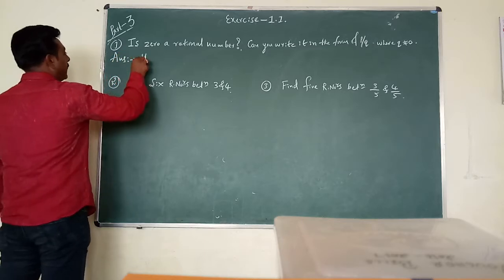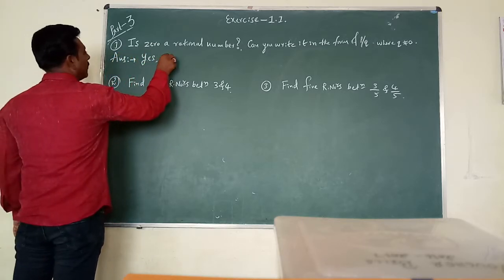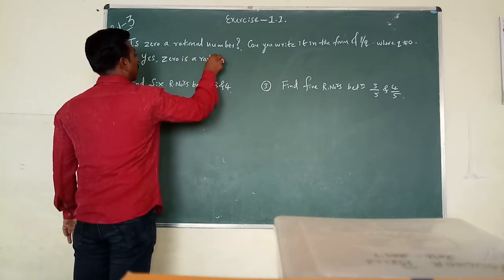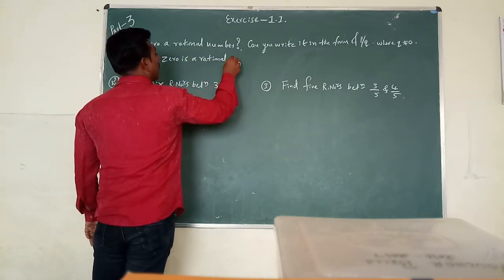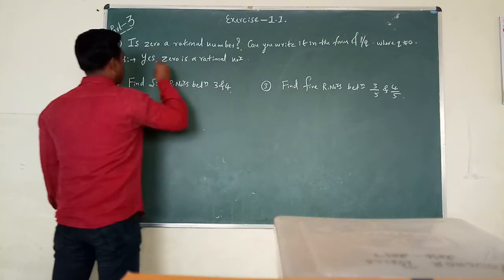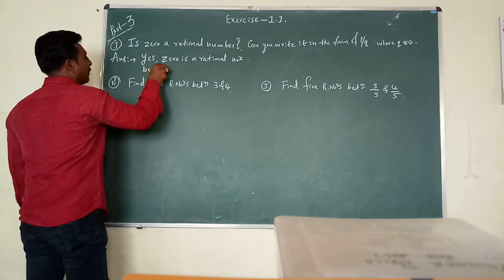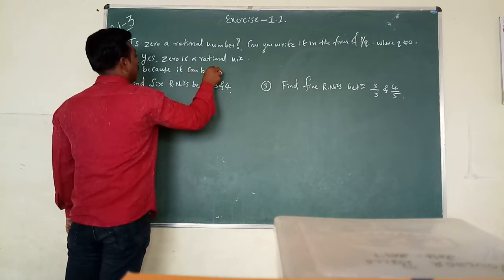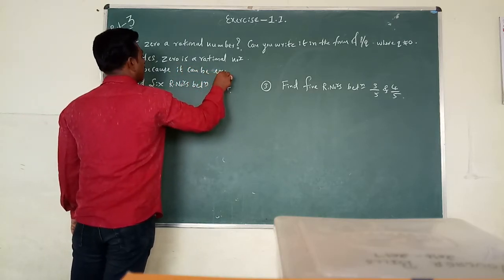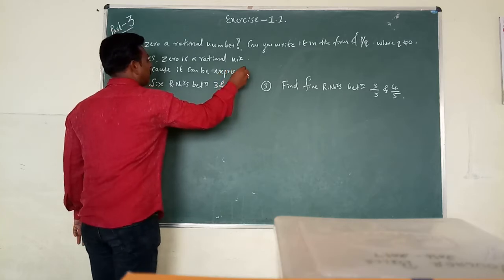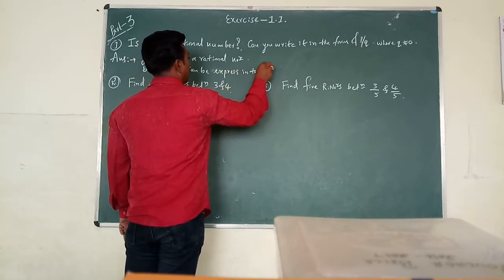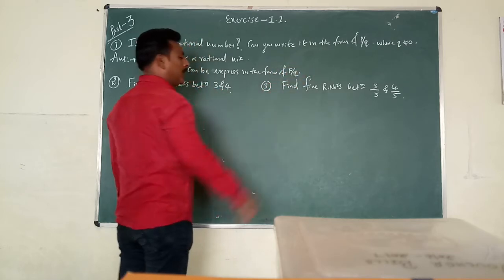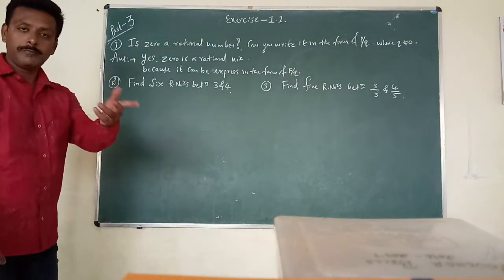Your answer should be yes. 0 is a rational number because it can be expressed in the form of p by q.